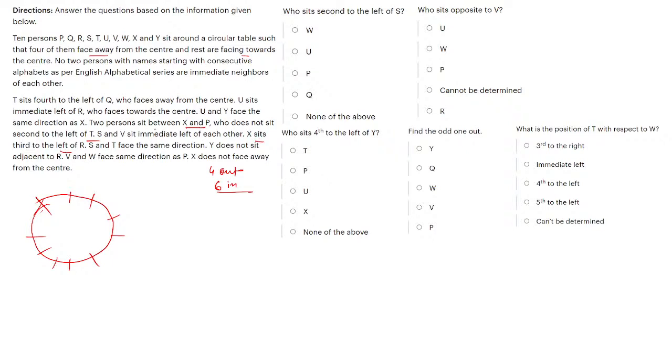See, X sits third to left of R and 2 persons between X and P. That means here it is already clearly mentioned that 2 persons are in between X and P, and here it's saying X is third to left of R. That means X and R have 2 persons in between. So either side of X, P and R comes, right?